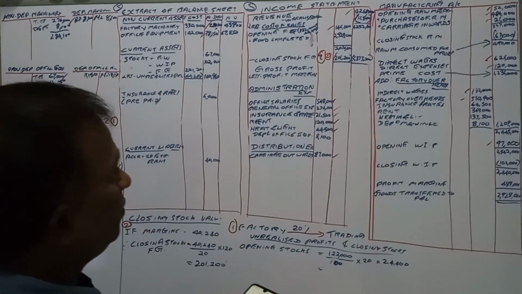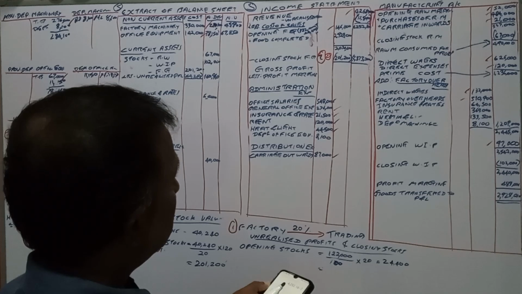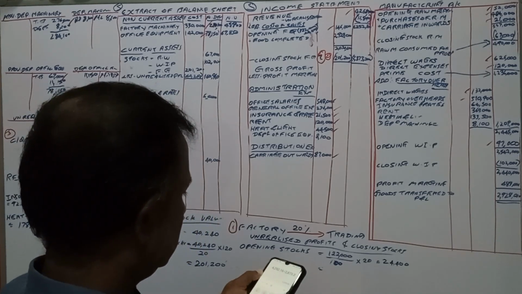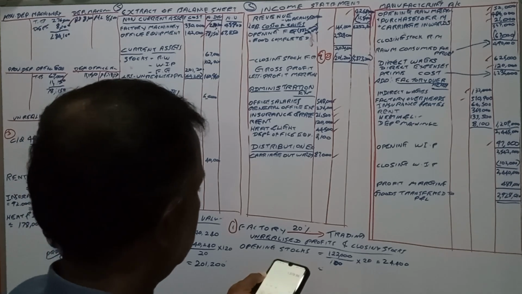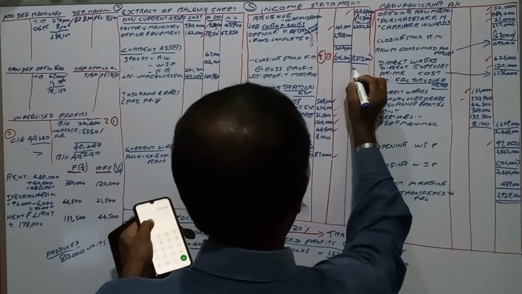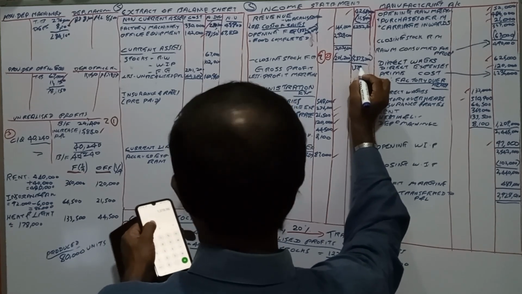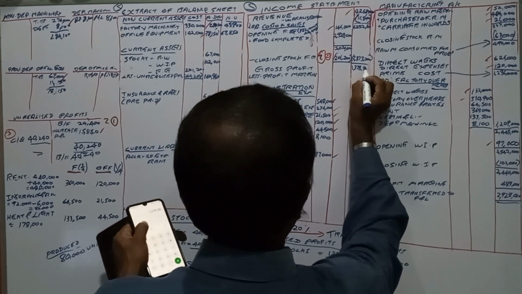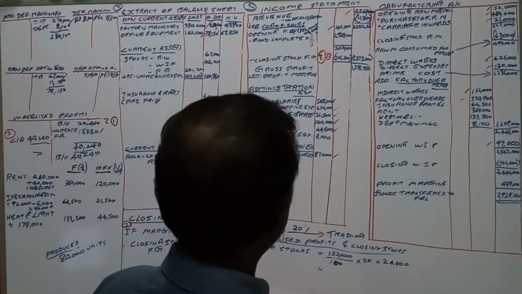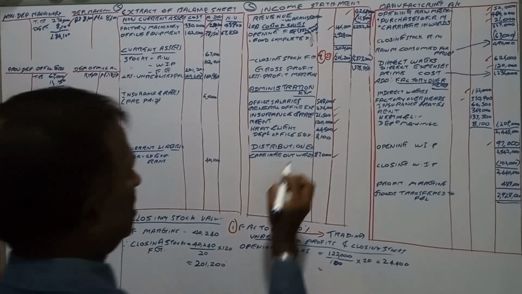From that, you have to deduct 2,873,200. Then you will arrive at a gross profit of 1,378,960, right?